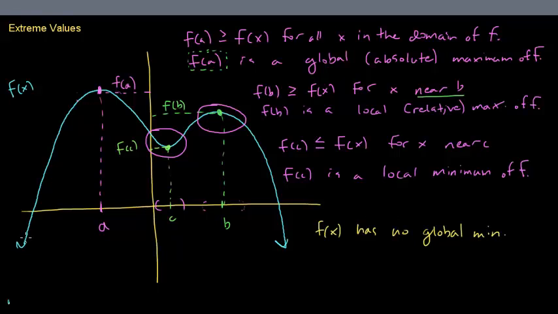And that's because no matter what function value I look at, even if I looked at a function value way down here, I could always get smaller than that by going, for example, further in the negative x direction or further in the positive x direction. There's no single function value that's the smallest I'm ever going to find. So f of x has no global minimum.